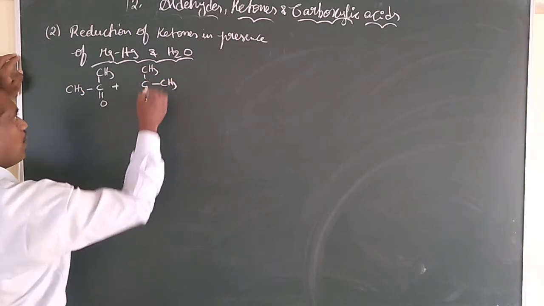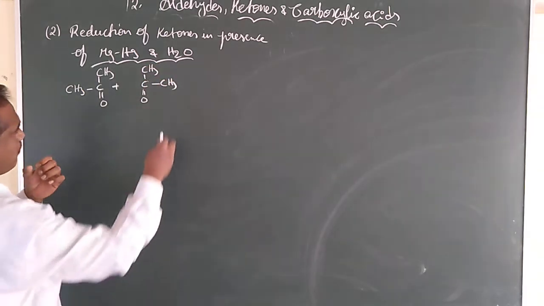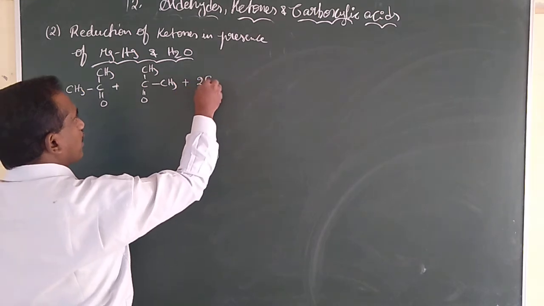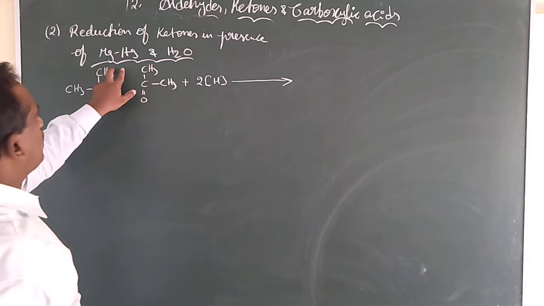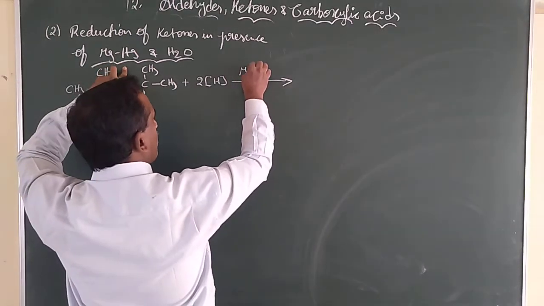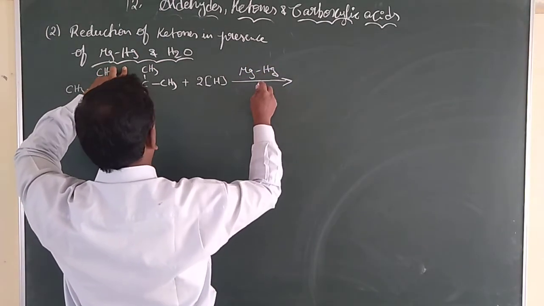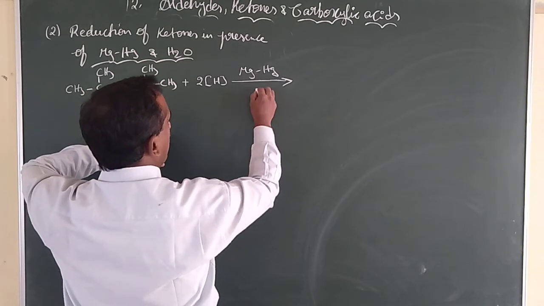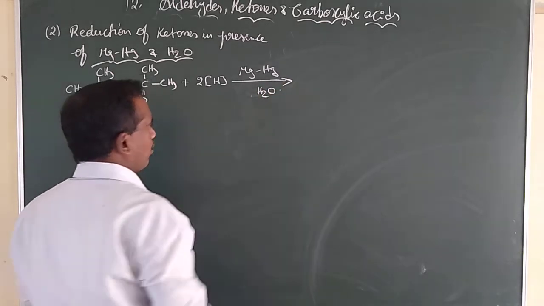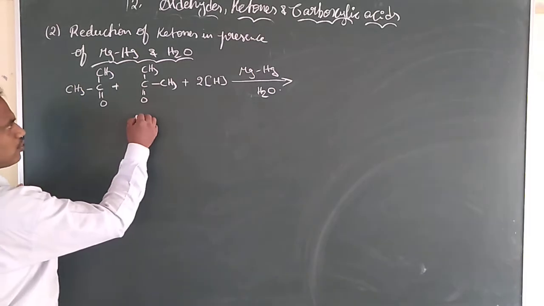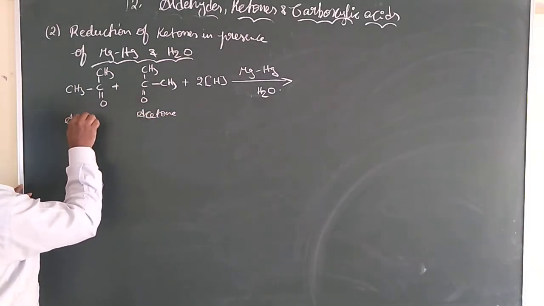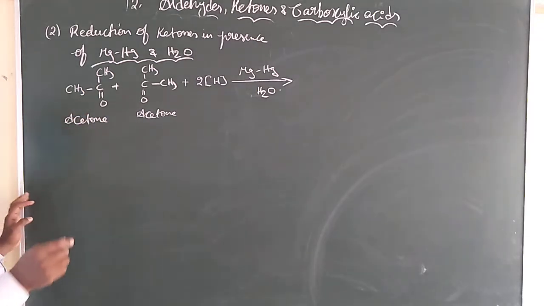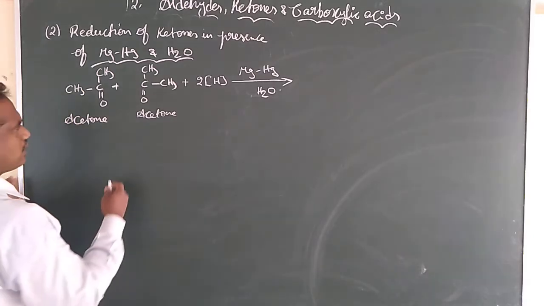Reduction means what? Hydrogens will be added, right? So this addition of hydrogen is taking place under whose presence? Under the presence of magnesium amalgam followed by hydrolysis. This is acetone, and the one before is also acetone. Here is a very important topic which is not discussed in NCERT.